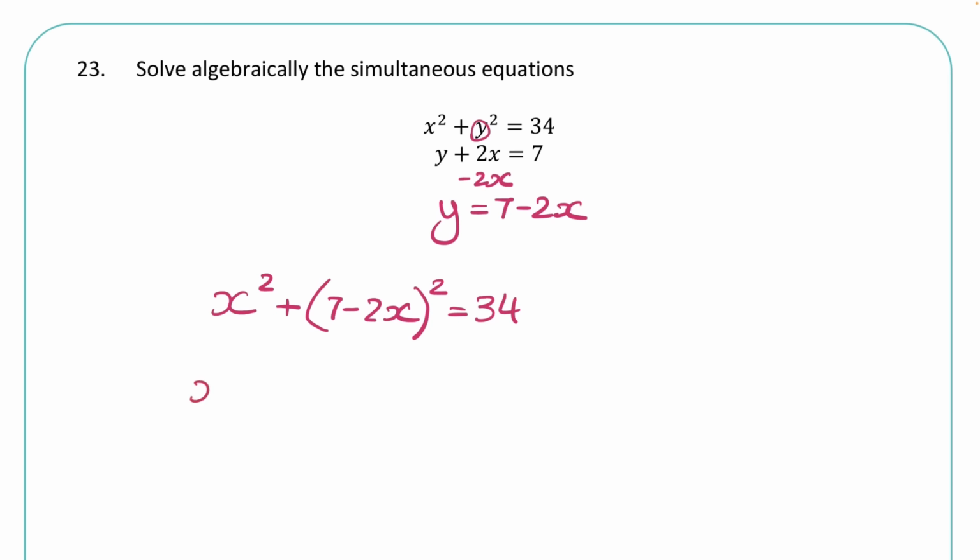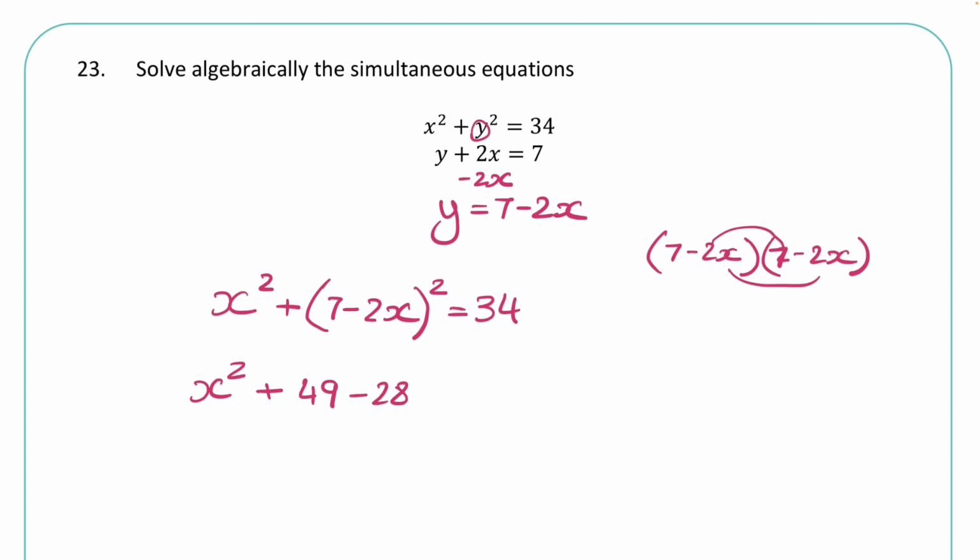From there, we can expand the double bracket, so x squared plus, and then I'll probably do (7 minus 2x) squared to the side, just to make sure that we are absolutely perfect, expanding that. And that gives us 49 minus 14x minus 14x, so minus 28x, and then plus 4x squared, and that's equal to 34.